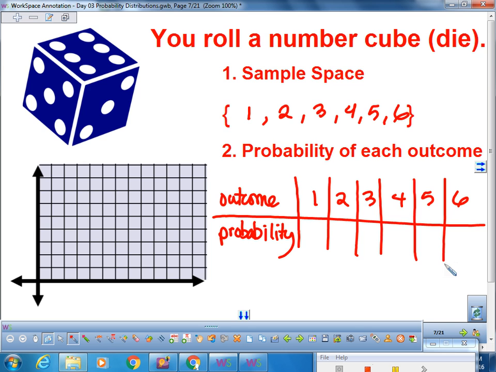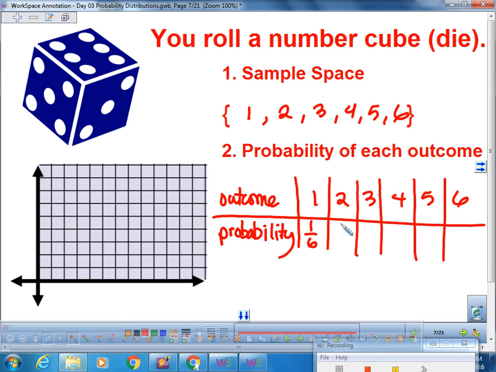What's the probability of rolling a 1? 1 over 6. And a 2. And a 3. All of those. Let's try this one. Ooh, this one's going to be kind of boring. Right? They're all the same. So what do I got there?